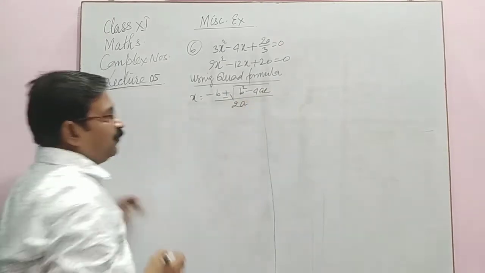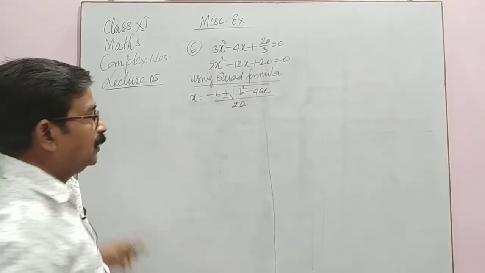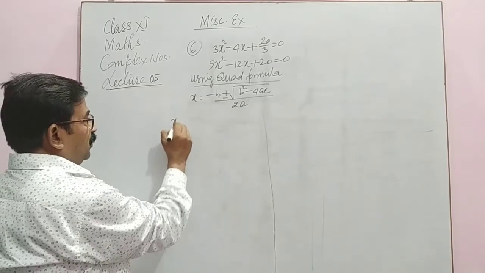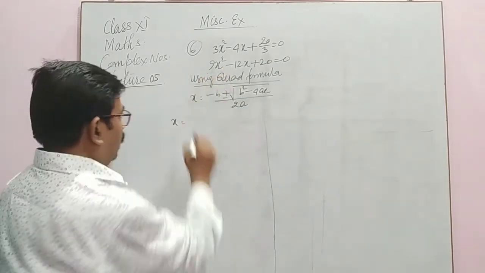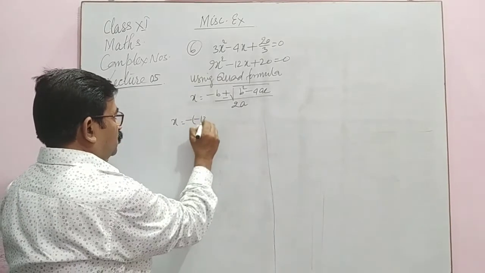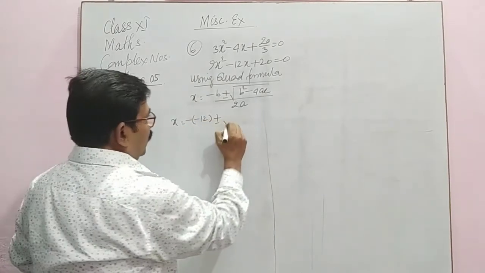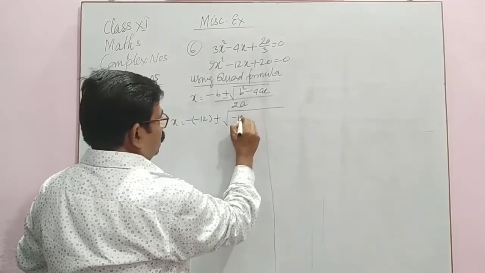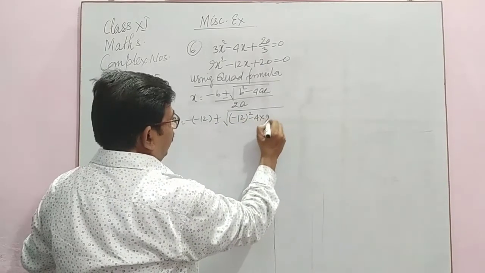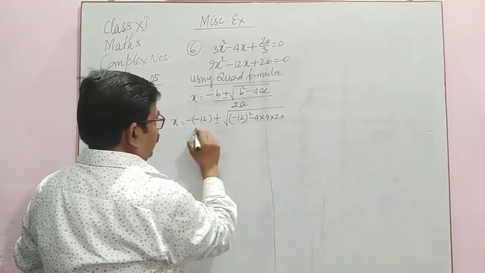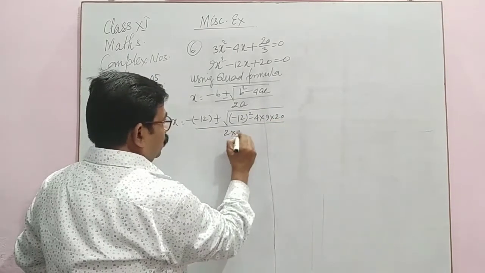This is the quadratic formula. You are aware of it. Now I am putting in the values. x is equal to minus b, b is minus 12, so we have minus of minus 12, plus minus under root of minus 12 square minus 4 into a, which is 9, into c, which is 20, upon 2 into 9.